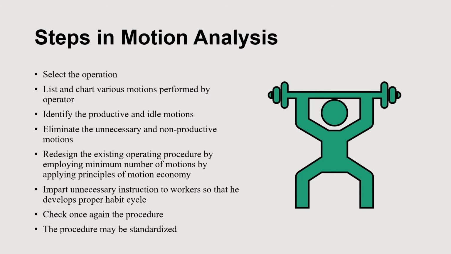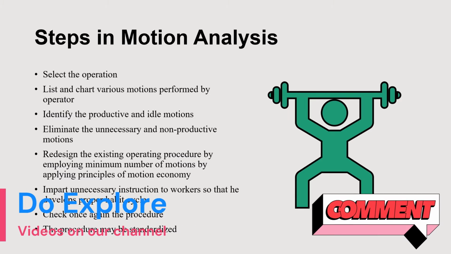So these are the importance of analyzing the motion of the human while he is performing any work. The steps included in the motion analysis are that we need to select the operation first. Then we need to list and chart various motions performed by the operator. Then we need to identify the productive and the idle motions, eliminate the unnecessary and non-productive motions, and redesign the existing operating procedure by employing a minimum number of motions by applying principles of motion economy, which we will be looking at in our further coming video.